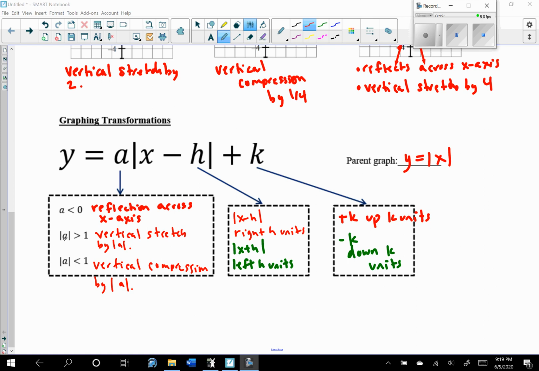The absolute value of A is, again, in this case, -1, so the absolute value of -1 is 1. 1 is not greater than 1, nor is it less than 1, so we're not vertically stretching or compressing, because remember, when you multiply something by 1, it doesn't actually change your equation. The negative, however, does make it open down instead of up.